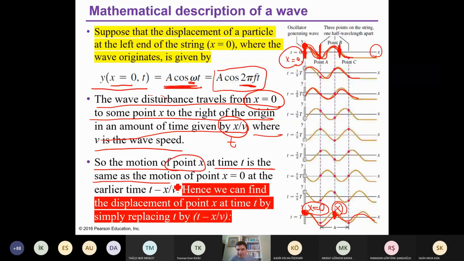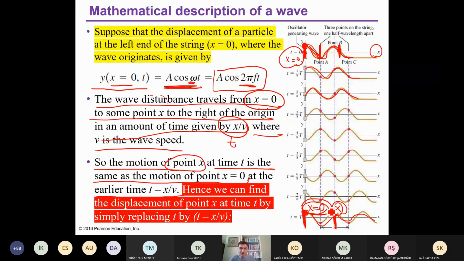Here we have a particle moving around equilibrium with periodic motion, and here we have another particle also moving around equilibrium with periodic motion, so they have the same motion, okay? But the motion started here when x is 0, and after a certain time, the same motion happens here, okay?